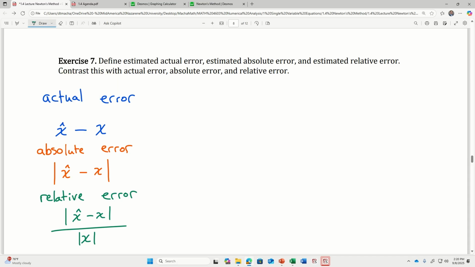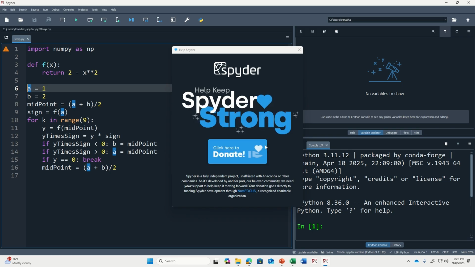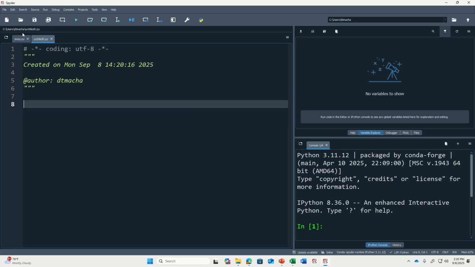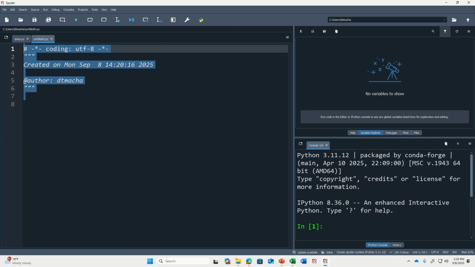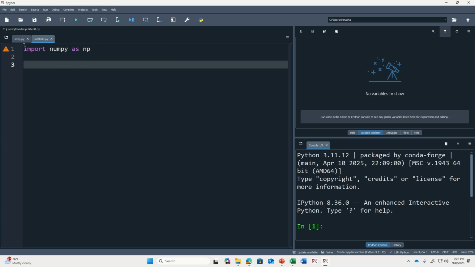But the problem comes whenever I try to implement Newton's method to solve some kind of problem. Let me open up a fresh one. And we want to import numpy as np. And then we need Newton's method.